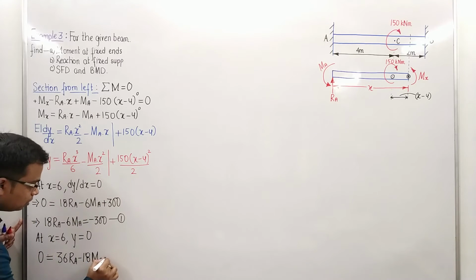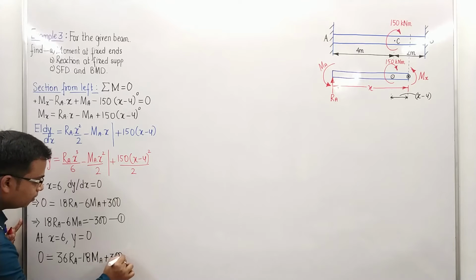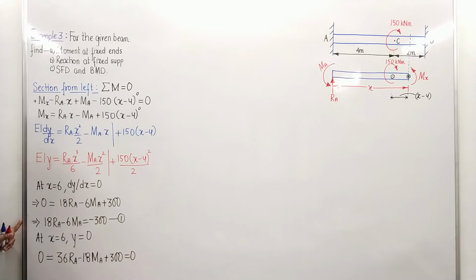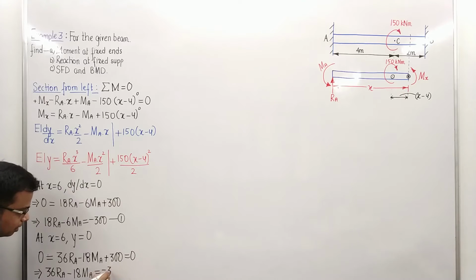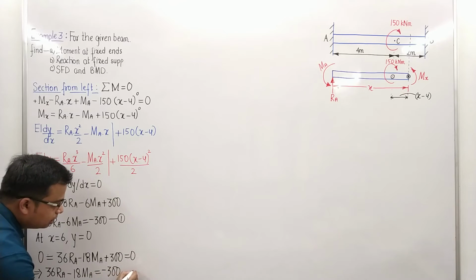So plus 300 is equal to 0. So our second equation is 36 RA minus 18 MA is equal to minus 300. Let's call this our equation number 2.